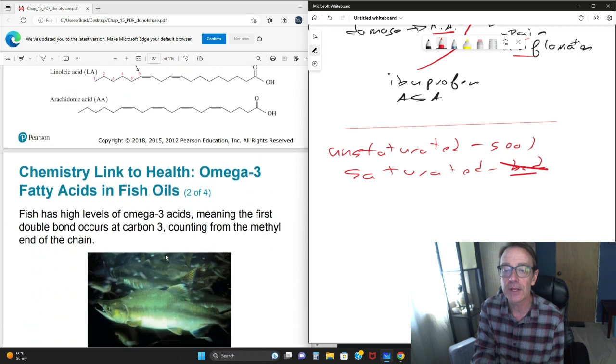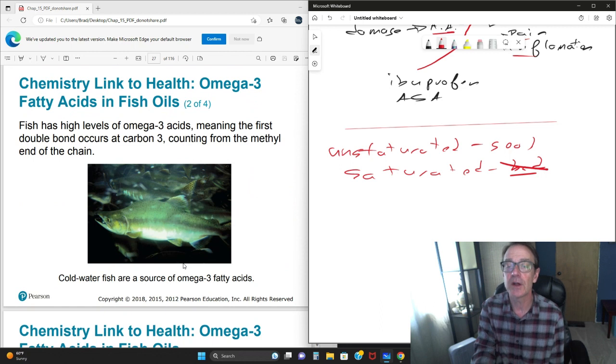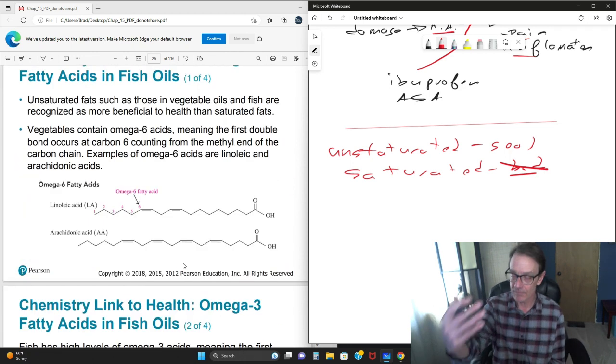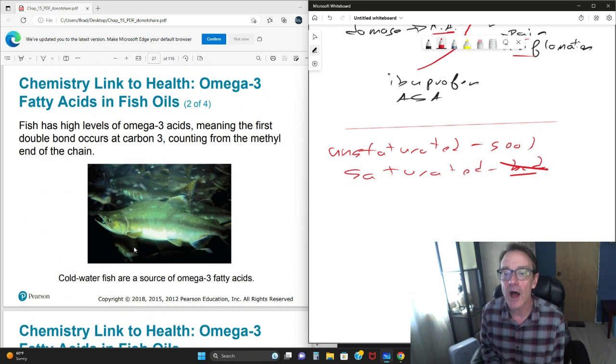So omega-3, you can probably figure that out. Yeah, so omega-6s, vegetable sources. Omega-3s, an awful lot in fish, especially cold water fish, lots of omega-3s.